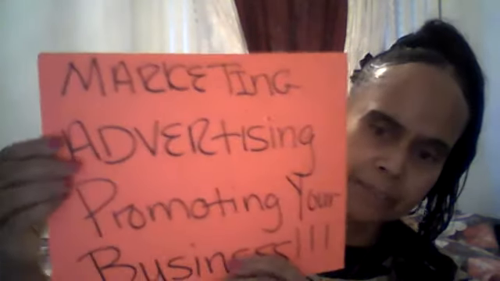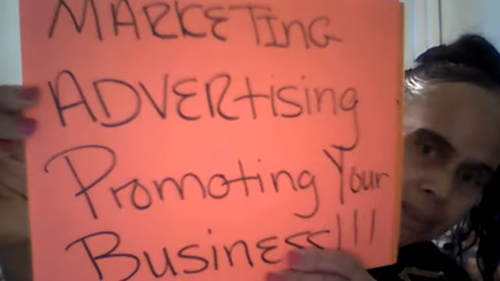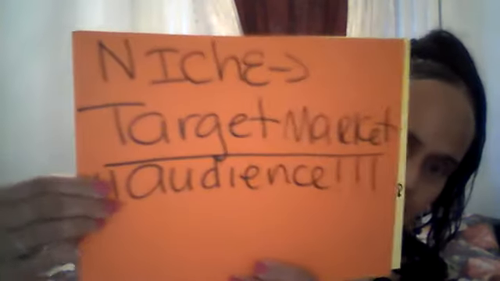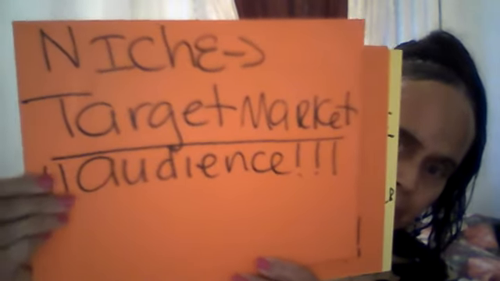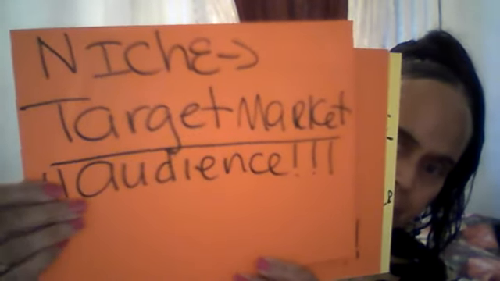Then, as I said, marketing, advertising, and promoting your business. And then we have, as I said in my other video, your niche, your target market audience. I already picked out my niche. I'm in the beauty and barber business.